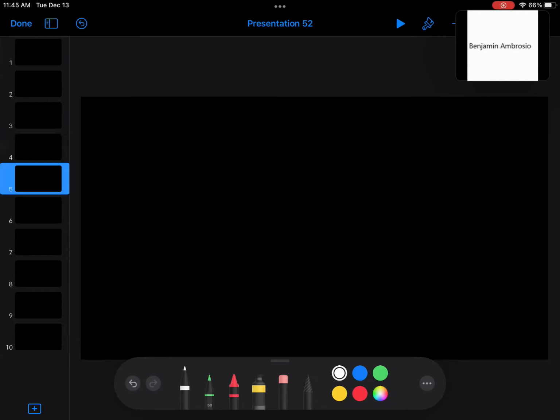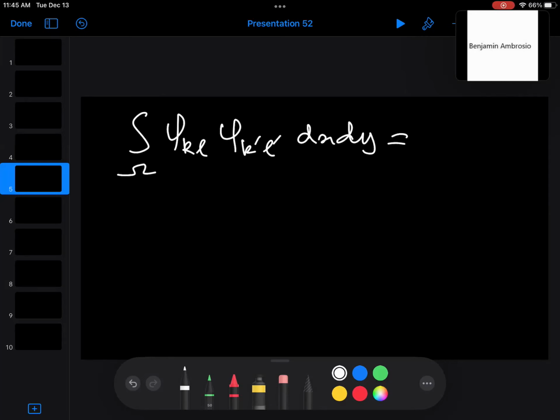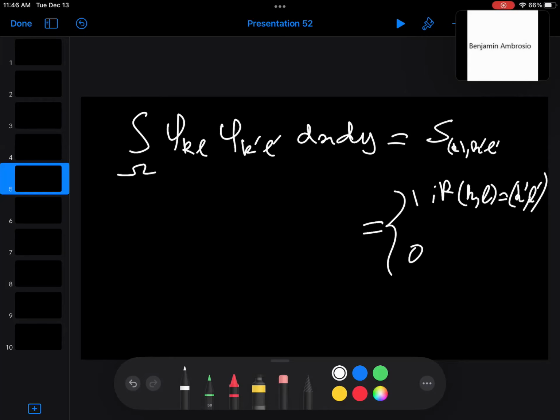Now, what we want to have is also that we'd like to prove that the integral of phi k L times phi k prime L prime dx dy equals delta k L, k prime L prime, meaning that this is 1 if k L equals k prime L prime, and 0 otherwise.